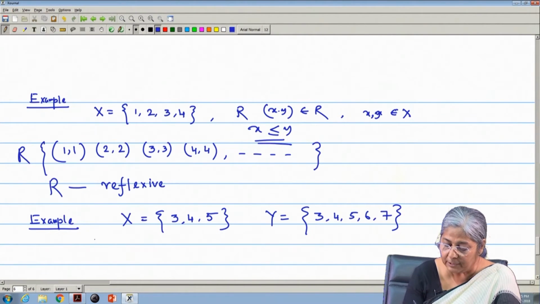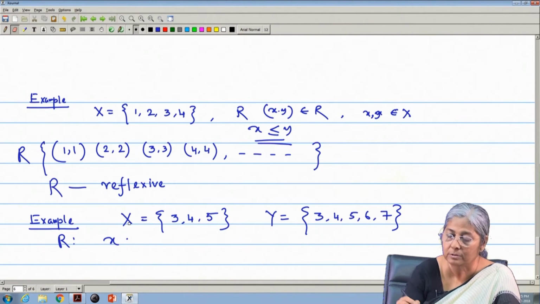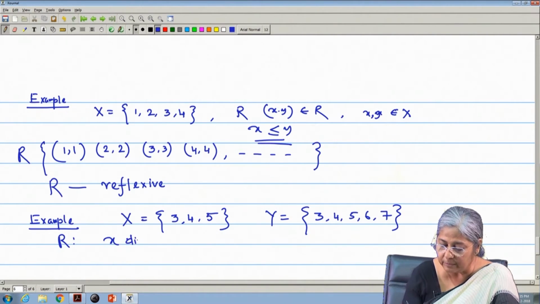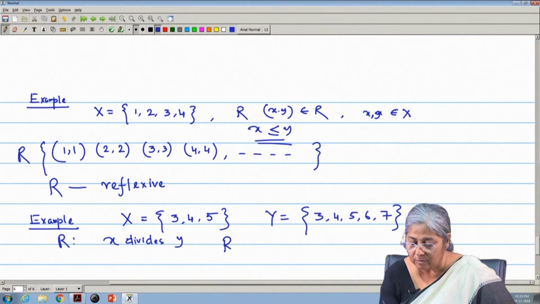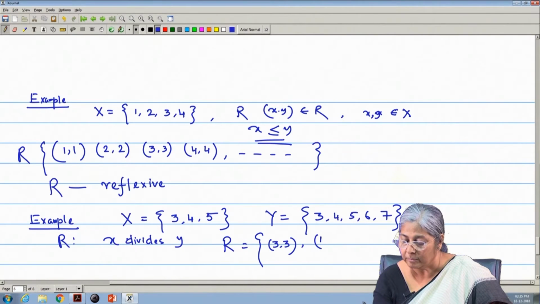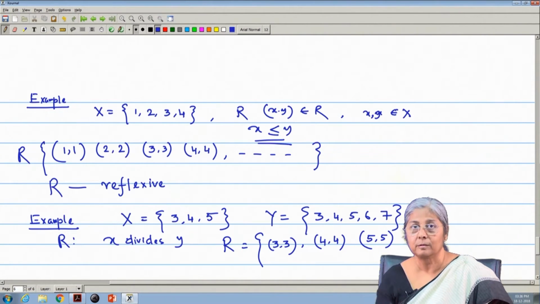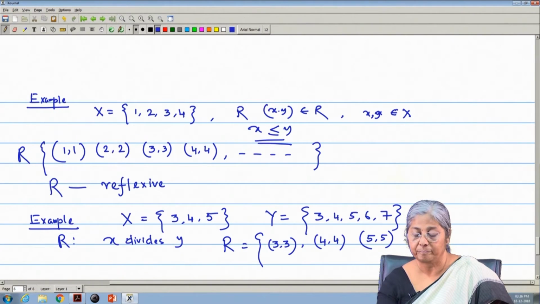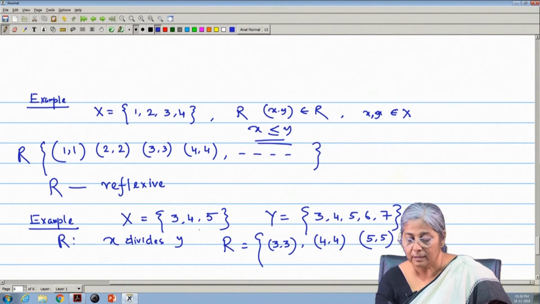Then if the relation R is that x divides y, as we considered earlier, then (3,3) will be there, then (4,4) will be there because 4 divides 4, and (5,5) is also there since 5 divides 5.